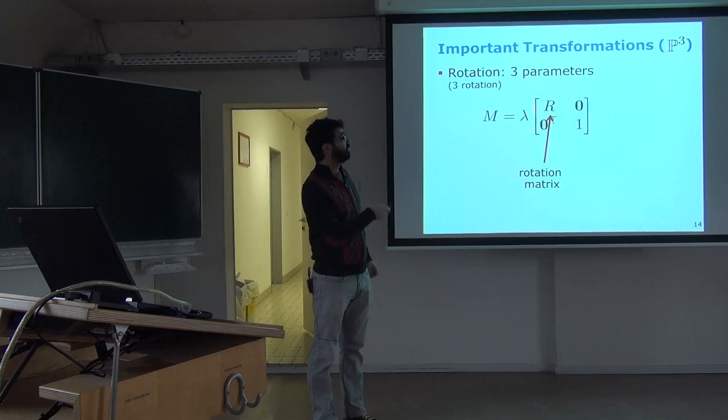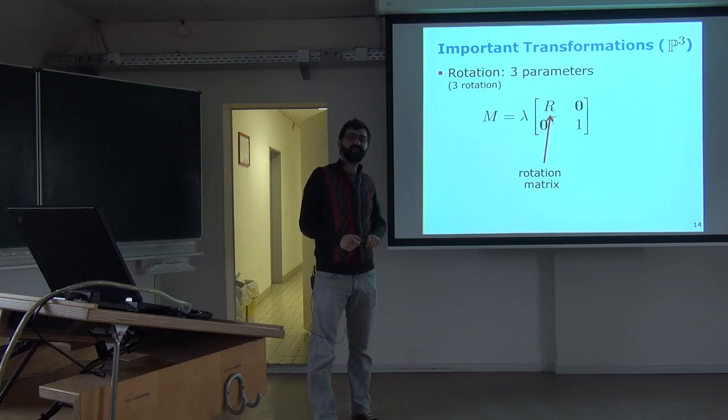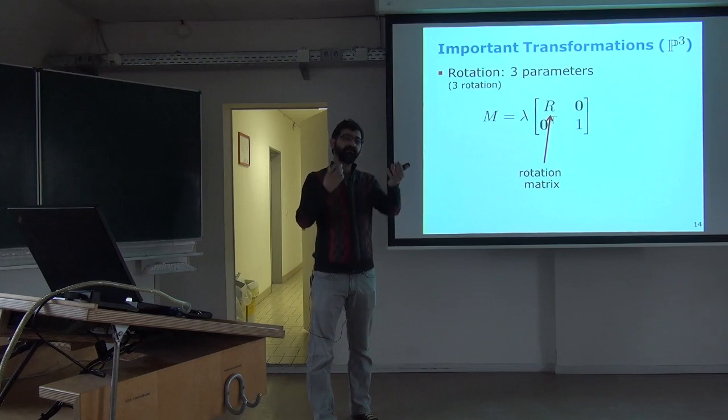You notice this lambda here on the left. Any insight, any idea why there is a lambda there? Do you remember what we said at the beginning about the definition of a point being homogeneous? We said that if you have x and lambda x, they are actually the same point, no?